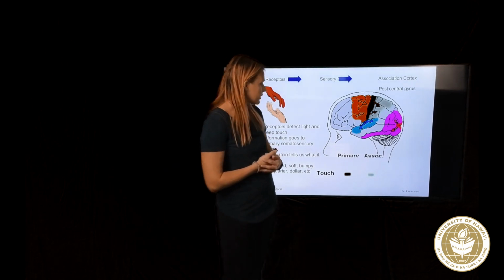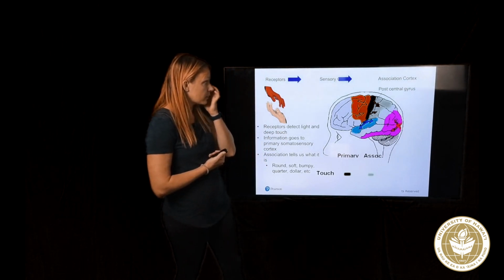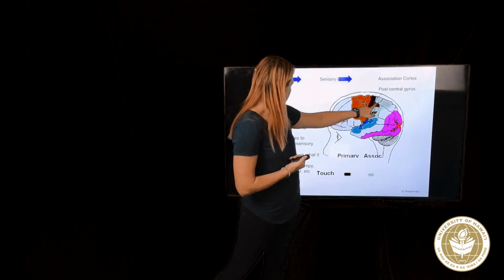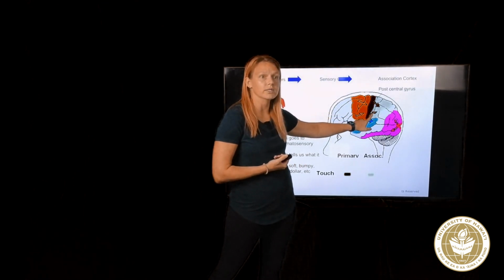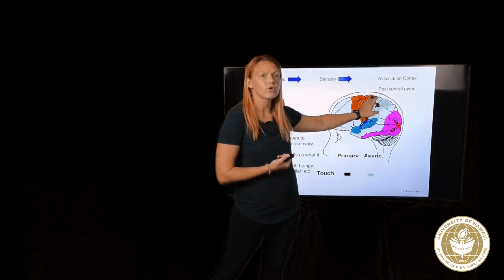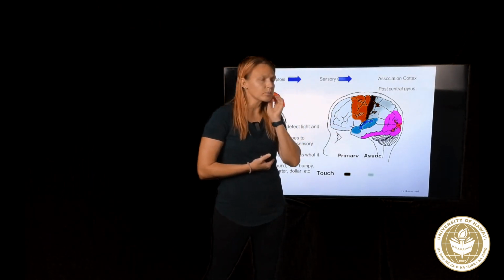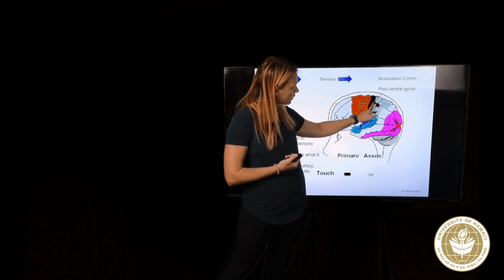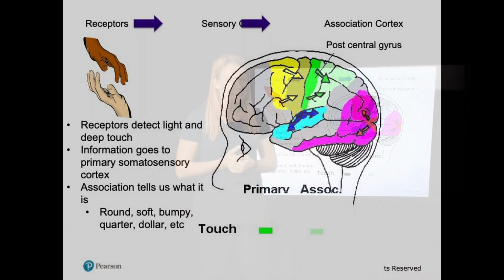So you can see here, talked about this post-central gyrus here. So that's where we're going to be dealing with our touch and our spatial discrimination. So this is kind of considered your touch cortex right in here where this bright green is.